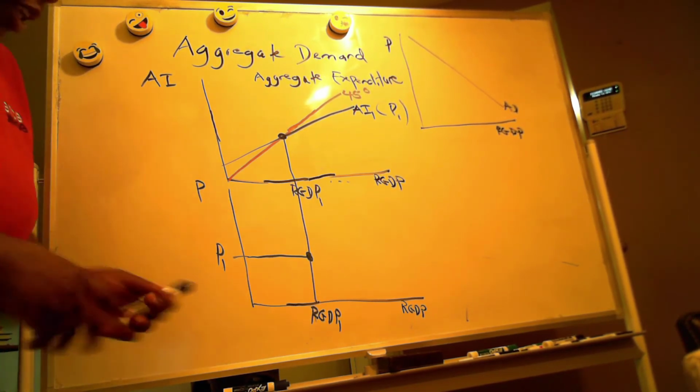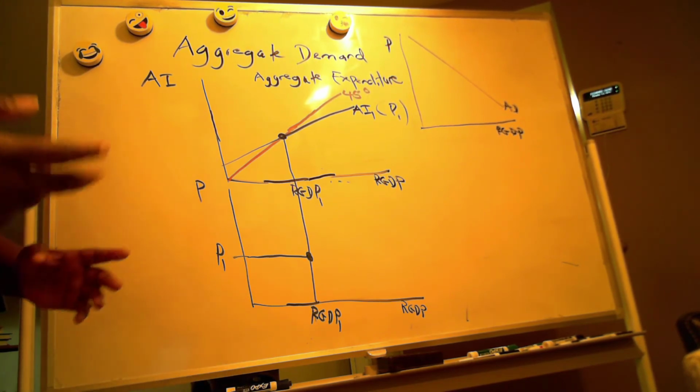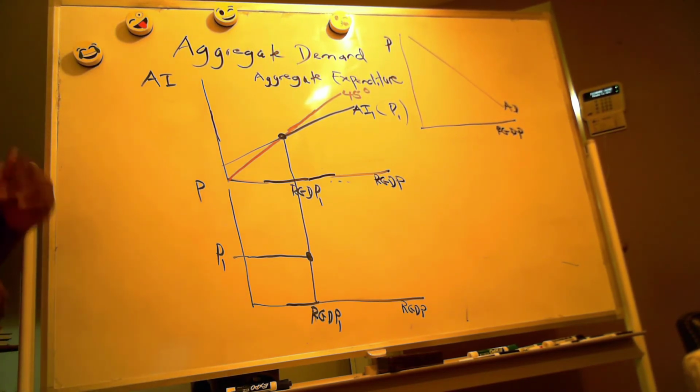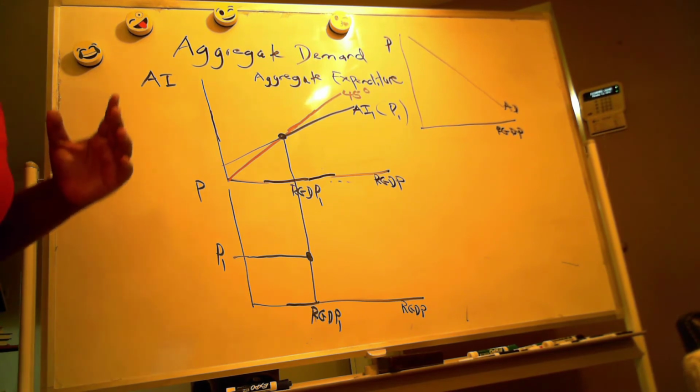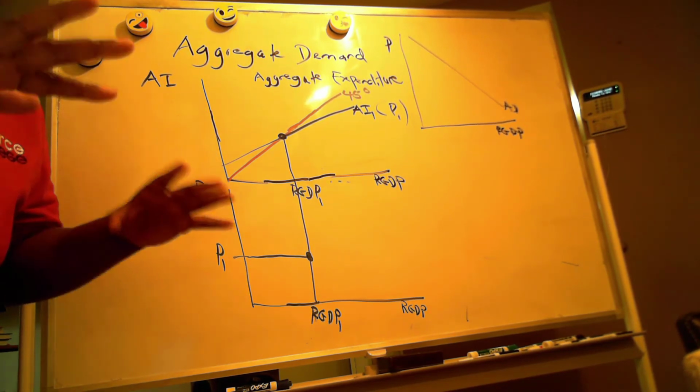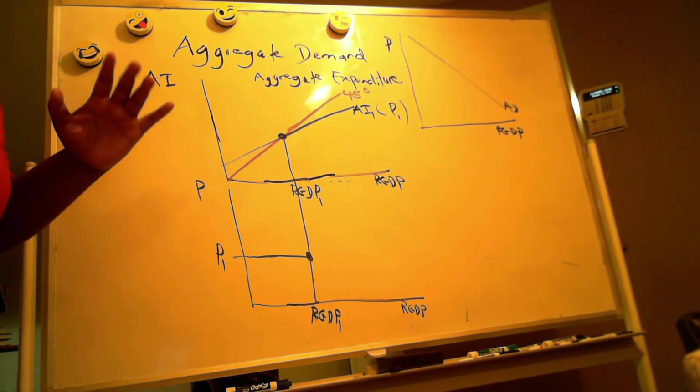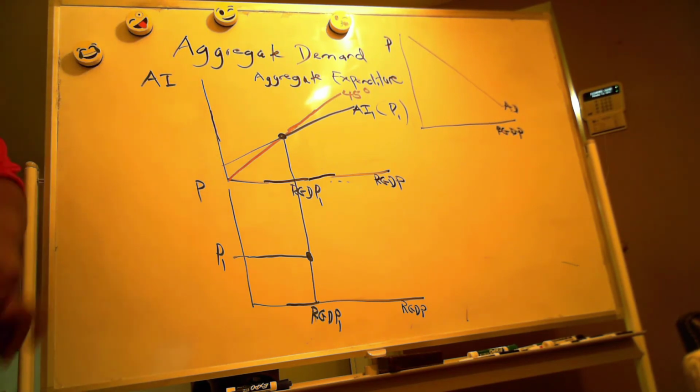Now, let me throw a bit of a curveball in there. Suppose I made prices more expensive. Suppose we increase the prices in the economy. Think about this for yourself personally. If prices went up, would you be able to buy more stuff or less stuff? If you said less, you're right.